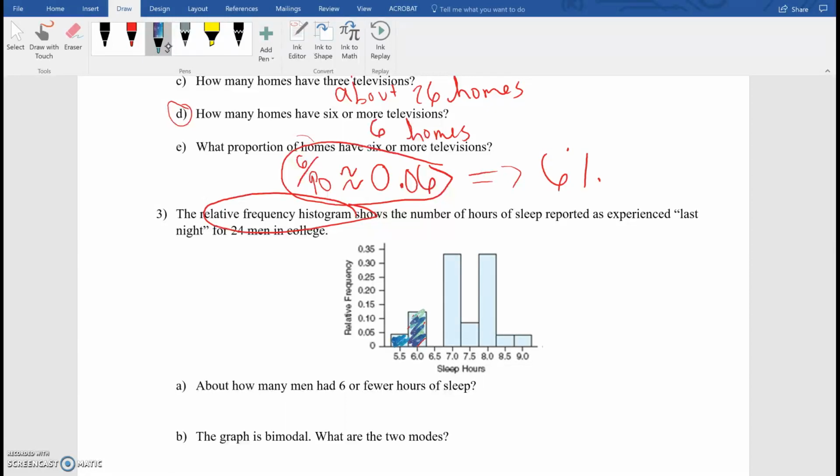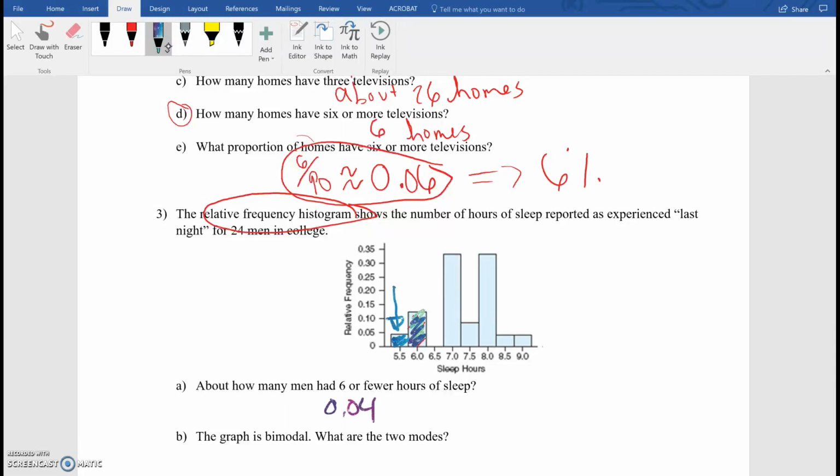Okay, so how many men had that? Well, let's go ahead and see first what the relative frequency is, because they don't tell us how many men slept fewer than 6 hours. So here, the relative frequency is not quite 0.05, it's about 0.04.